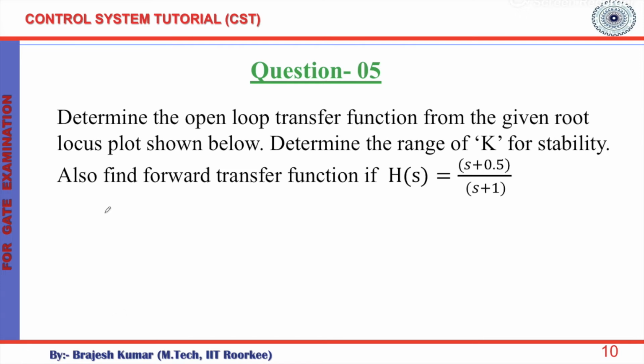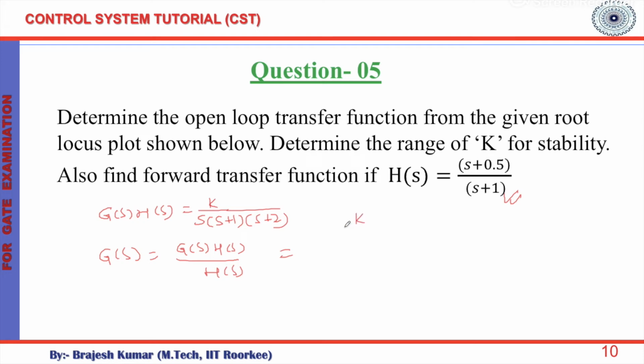So we have G(s)H(s) equal to K divided by s into s plus 1 into s plus 2, and we need to find G(s). So you require G(s), so you will divide this whole term by H(s), and H(s) is given to you here.